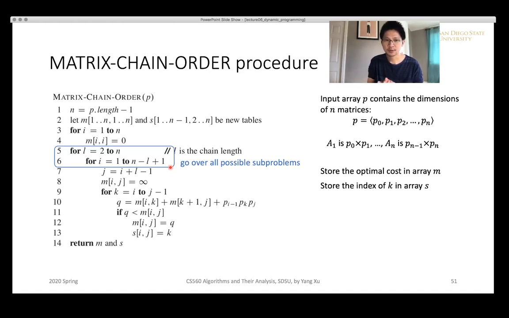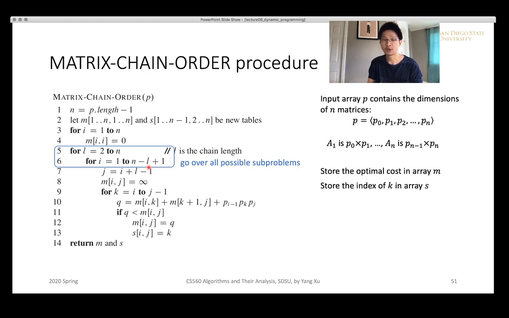If we think of all subproblems of size 2, which means L is 2, then n minus 2 plus 1 equals n minus 1. So in that case, I ranges from 1 to n minus 1, which is the range of all the subproblems of size 2.